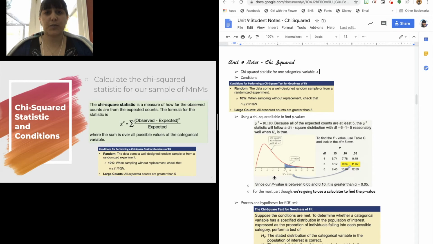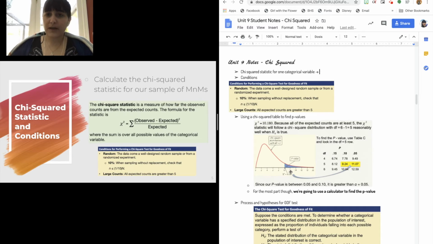Each category, or each possible selection in the category, will contribute to the chi-squared value. Depending on how different the expected value is from what actually happened, the different categories will contribute different amounts to the chi-squared statistic.